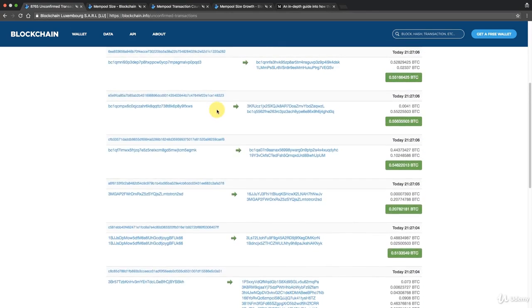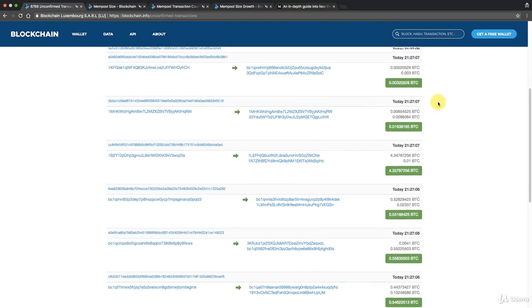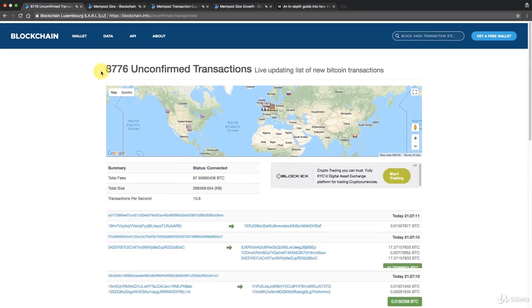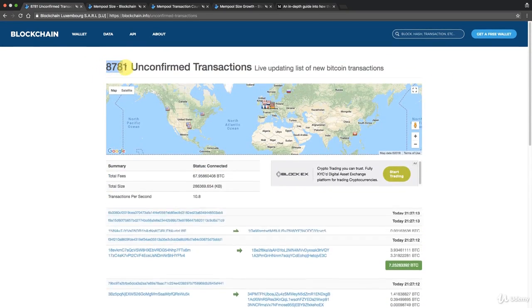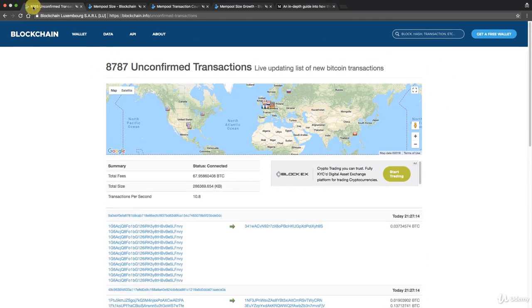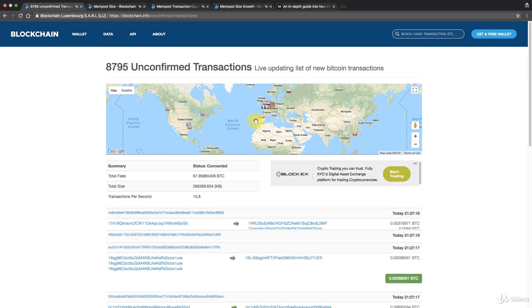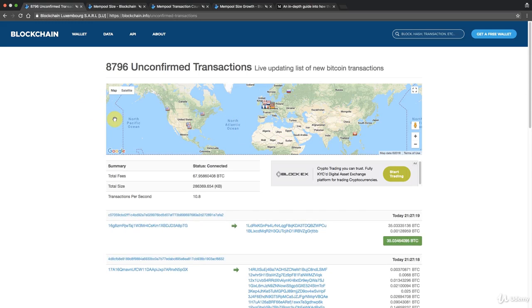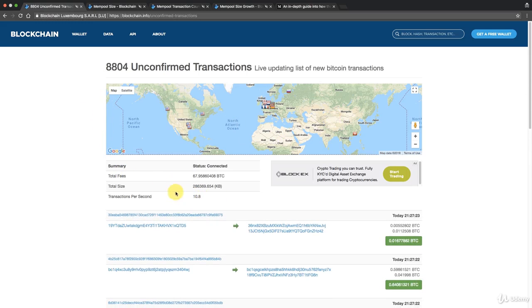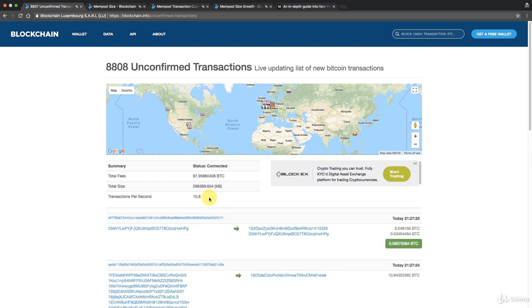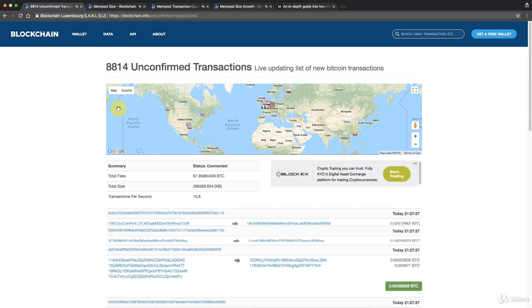You can see how they're being added. These are people transacting with each other, and as soon as they transact, these get added. Here you can see the total number of unconfirmed transactions, and it's also illustrated over there for us. And I'm not really sure about the map, it's not very dynamic, but nevertheless they got some information here, transactions per second.